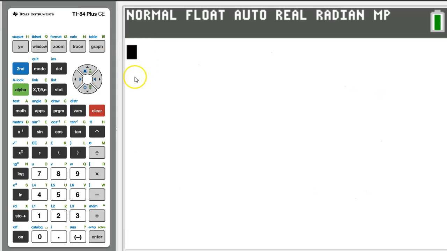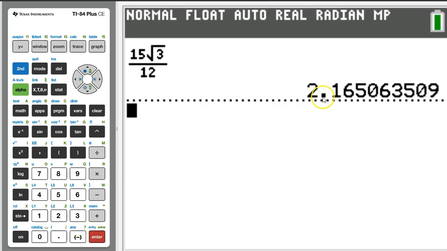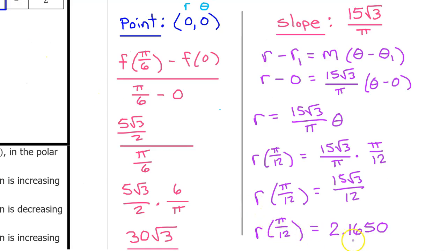Make a vertical fraction by hitting alpha x, and we need 15 radical 3 over 12. That gives 2.1650. I recommend always using 4 decimal places and never trying to round.